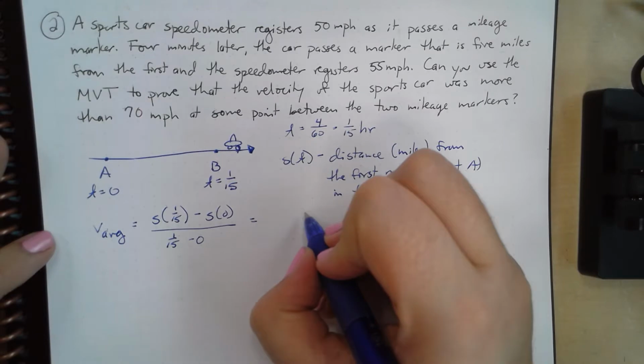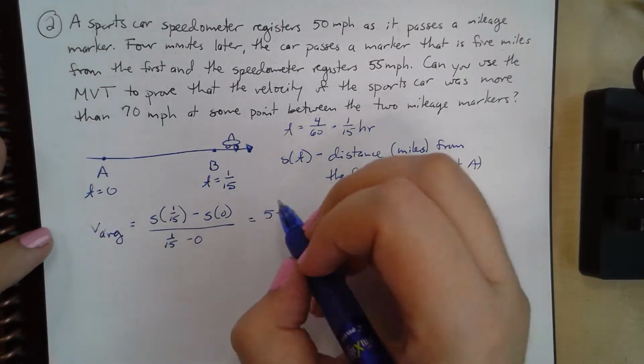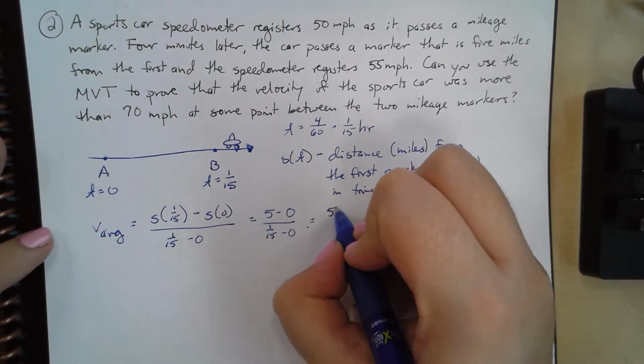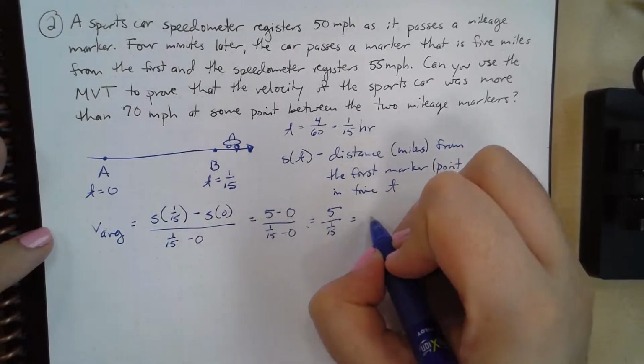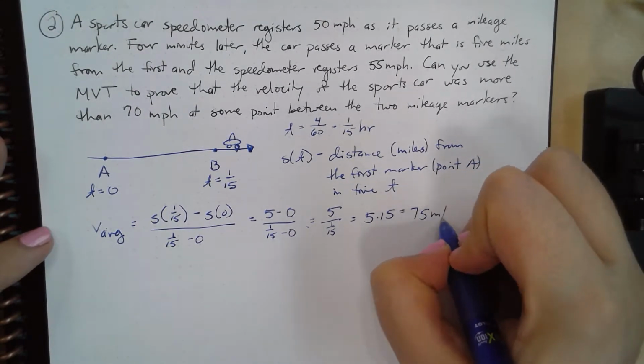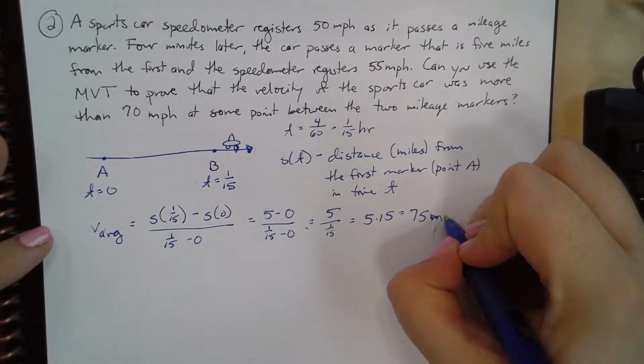So that's going to be equal to 5 minus 0, since when we started we were at 0, over 1/15 minus 0. So that's equal to 5 over 1/15, which equals 5 times 15, which equals 75 miles per hour. Miles per hour is written as mph.